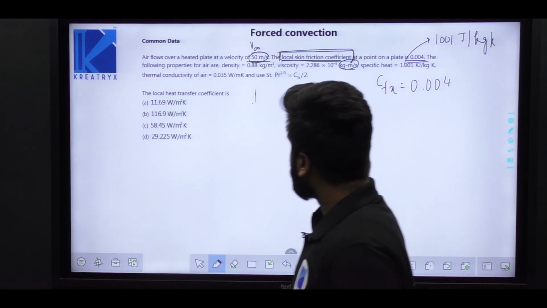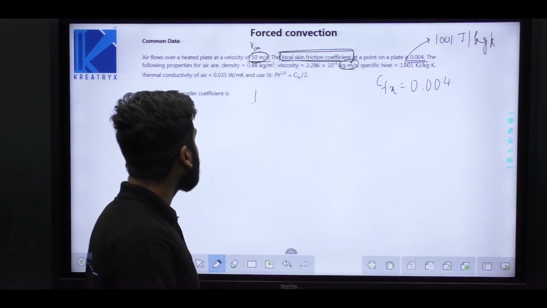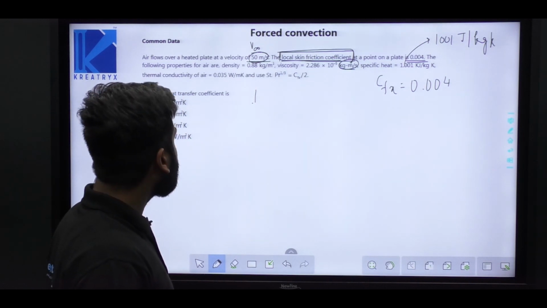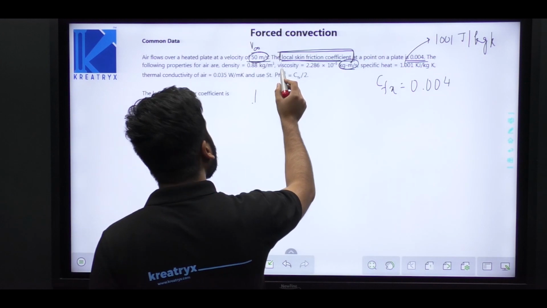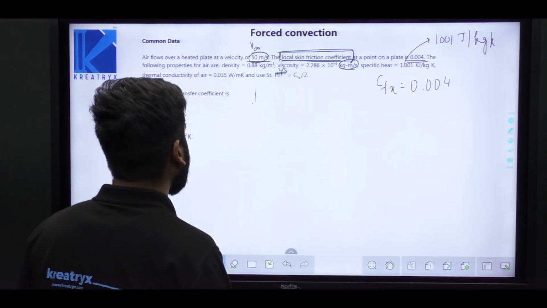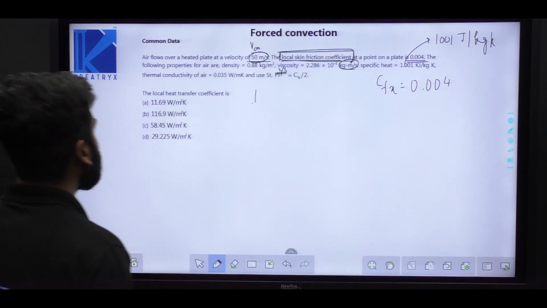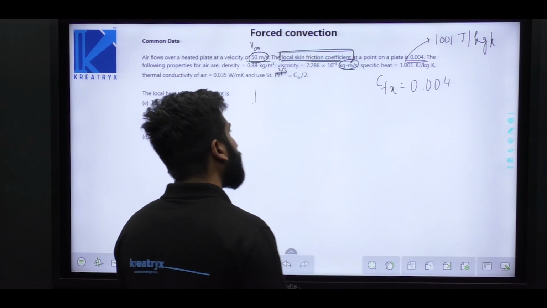The thermal conductivity is given. It is given that you have to use the Reynolds analogy. This is Stanton number, Prandtl number raised to 1 by 3. This should be 2 by 3. This is a typing mistake. So it's given that you have to use Reynolds analogy. So we were correct.